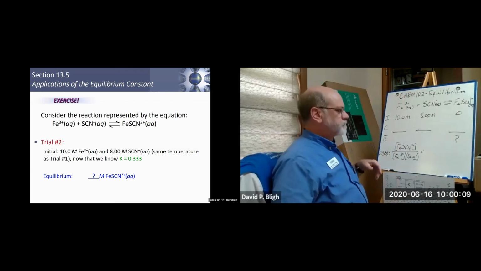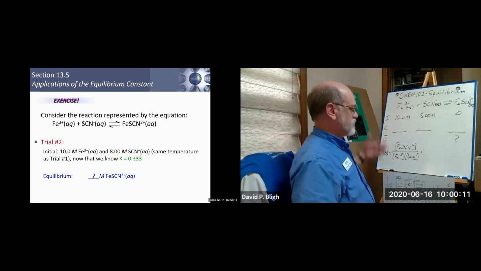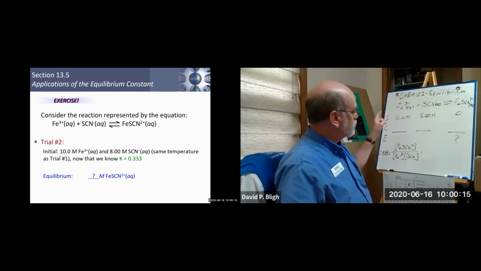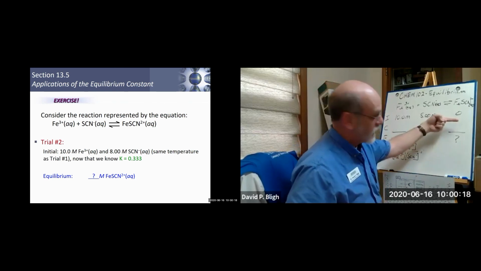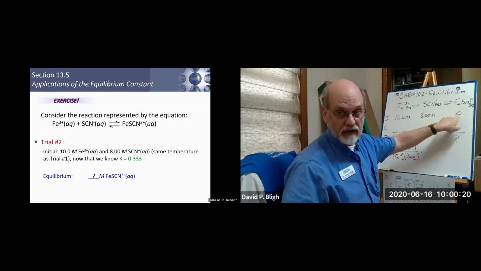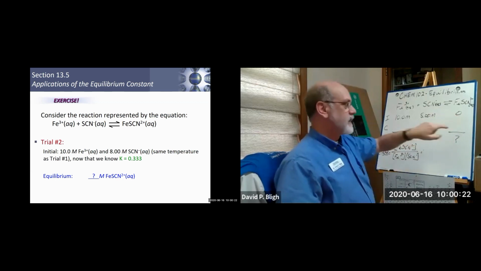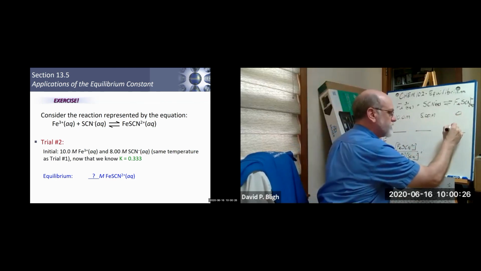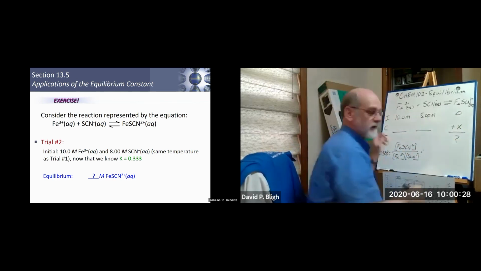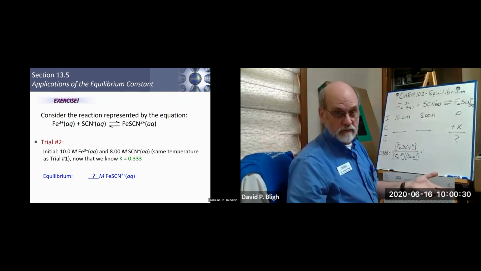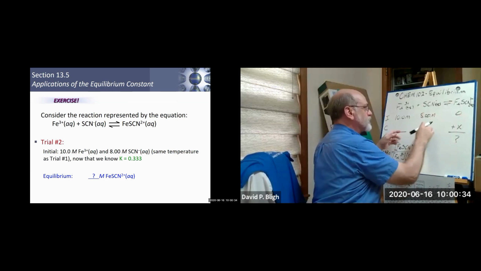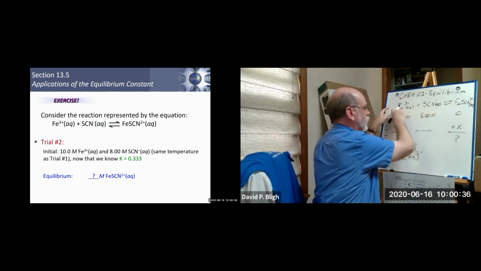So, how does it change? Which way is it moving? It's going to move from this side to that side because there's no product. Right? So, we're going to produce a certain amount of this that we call X. And if we produce X over here, we had to lose the same amount, 1 to 1 to 1.